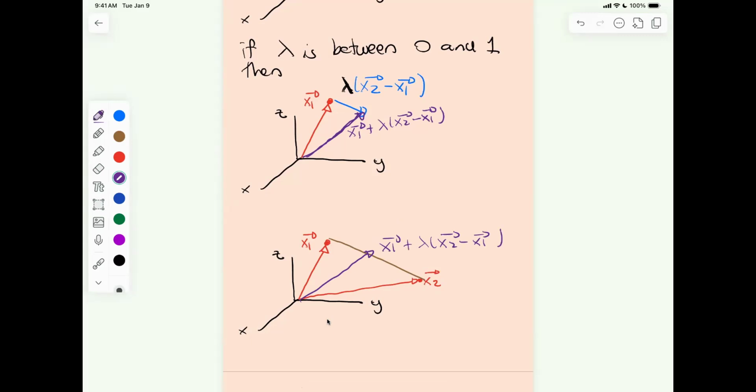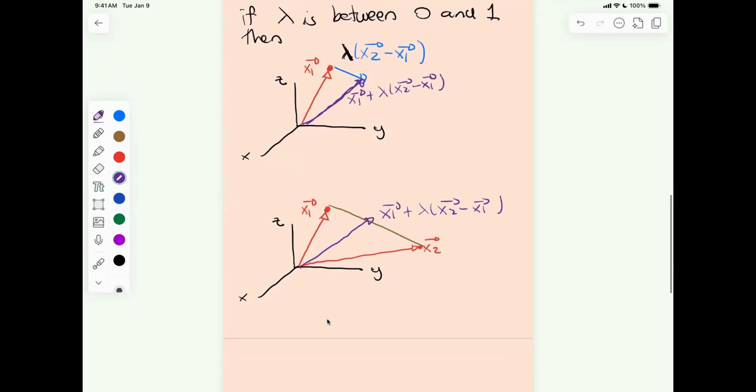So the endpoint of this vector is always somewhere on the line segment between x1 and x2.